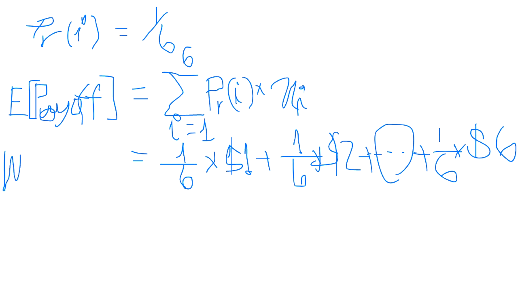Each possible outcome, $1, $2, $3, $4, is weighted by its probability. And then you will find that because 1 over 6 is a common factor, you can factor out 1 over 6.